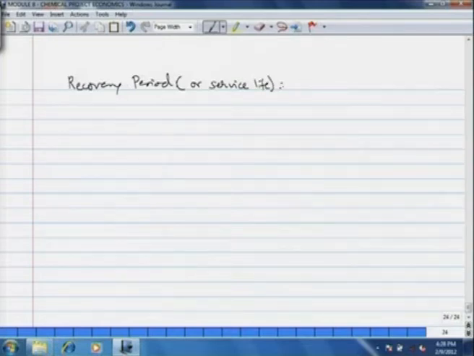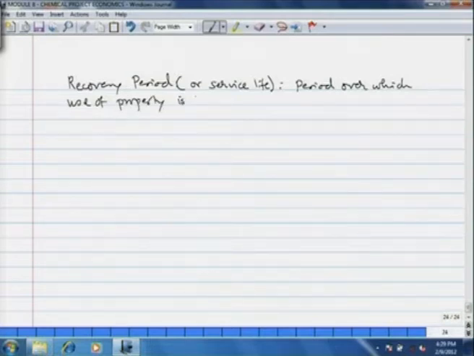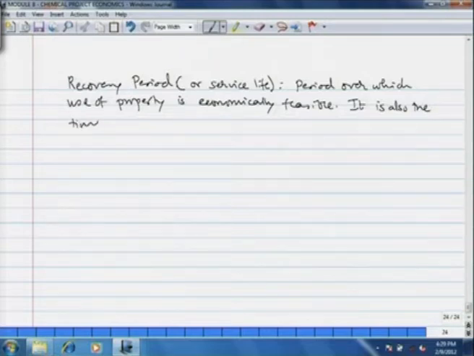So that point to note, this is the period over which use of property is economically feasible. Now, it is the recovery period over which the depreciation is charged. It is also the time over which depreciation is charged.